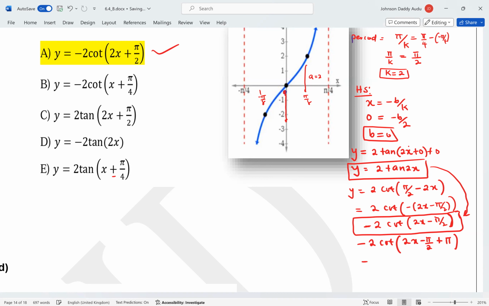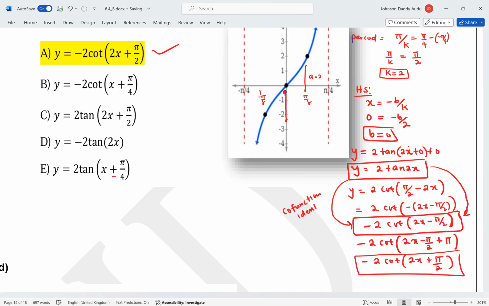So this is going to be minus 2 cotan of 2x. Now minus pi over 2 plus pi would just be pi over 2, which is the same thing as what we have here. So here, how did we transform from tan to cotan? Firstly, from here to here, we used the co-function identity.